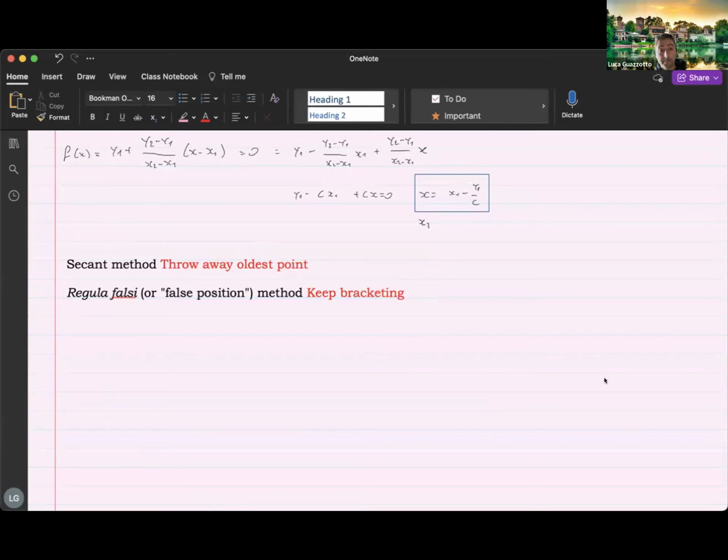So the other one may fail, but in some cases will converge faster, meaning you need fewer iterations.